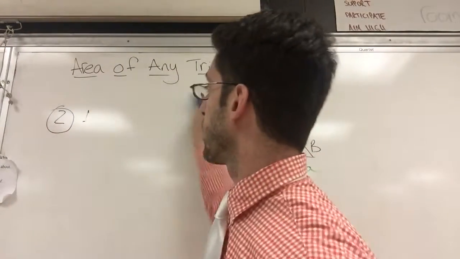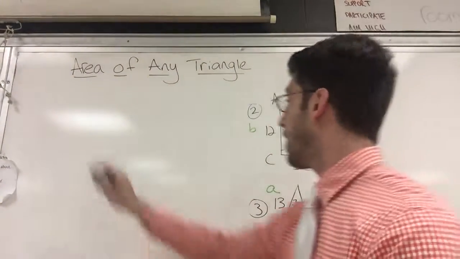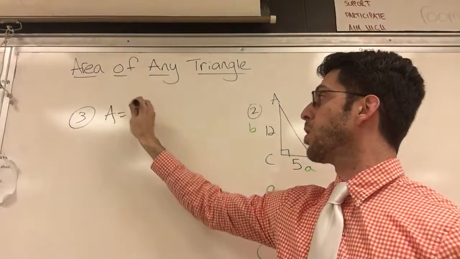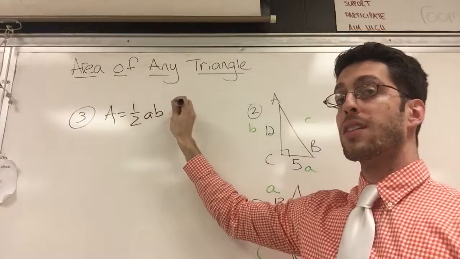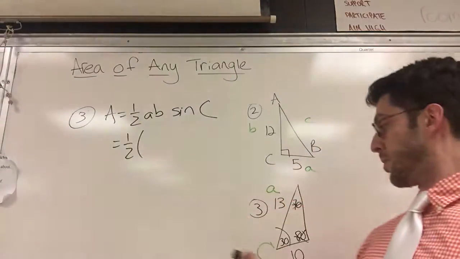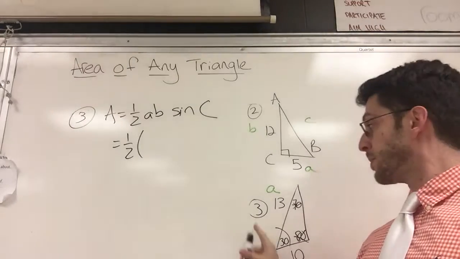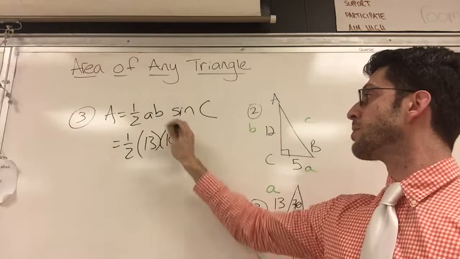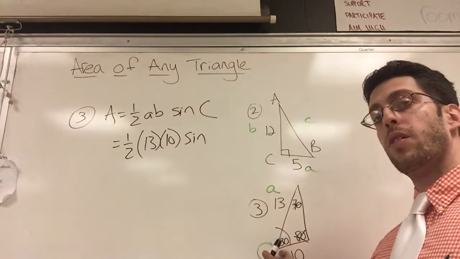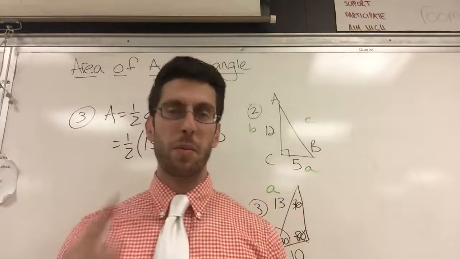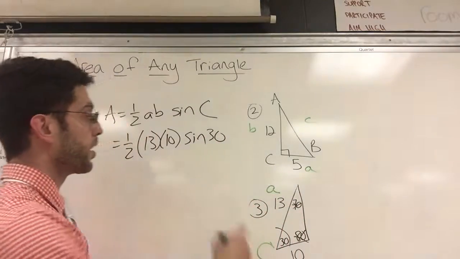All right, let's go through it real quick. Number 3, area equals 1/2, again, ab sine C, be careful. So that's 1/2 times 13 times 10 times the sine of 30 degrees. You done yet? I memorized the sine of 30 degrees also, by the way.